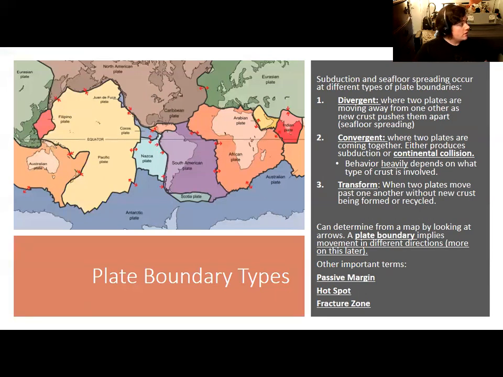And I want you to look at the arrows in this diagram. You have boundaries between different plates where you have arrows that are either shown in direct opposite directions or approaching each other, or in a single case, you have the arrows pointing sort of parallel and in opposite directions to the plate boundary.